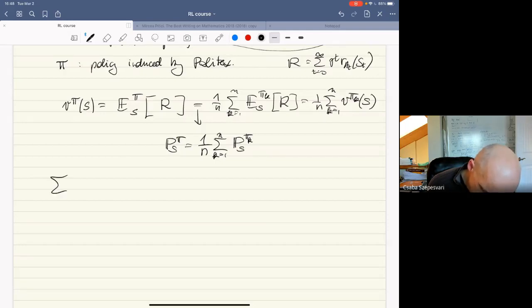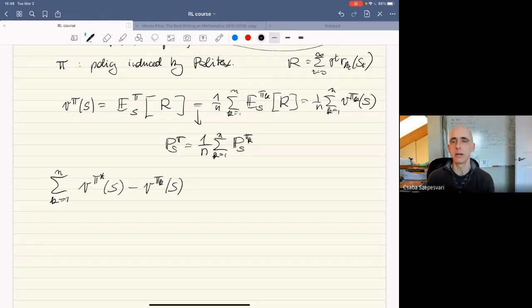So high compared to what? Well, let's say high compared to the optimal value function. So there is this policy, pi star, which is optimal. And let's compare the values that we get.